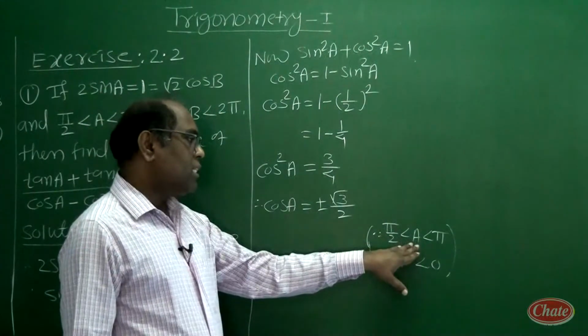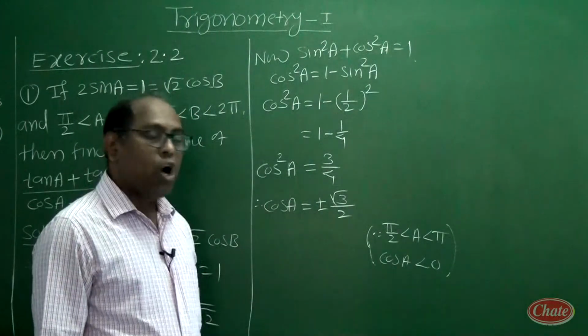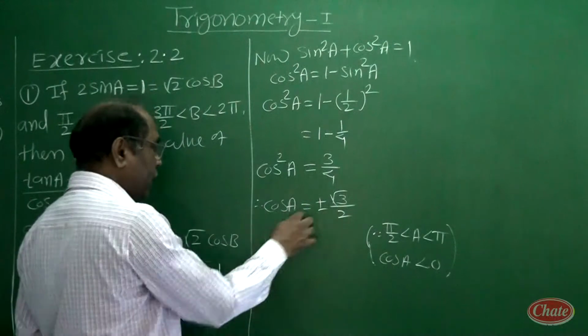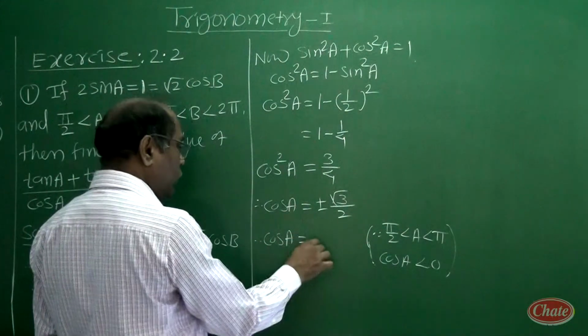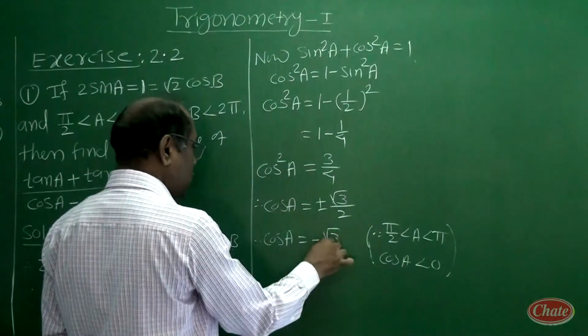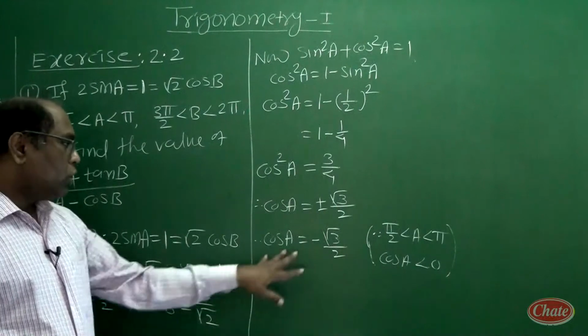In the second quadrant cos is negative, so here we have to take the negative value. Therefore cos A is equal to minus root 3 by 2.